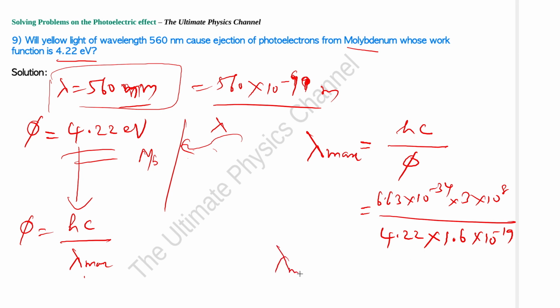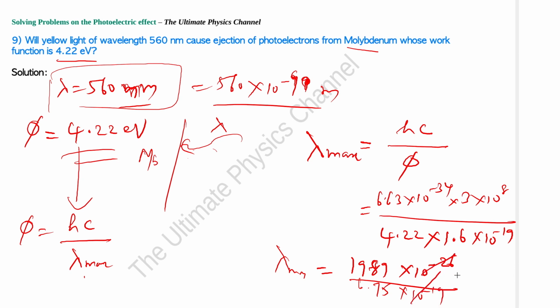Lambda max is equal to 19.89 into 10 power minus 26 on the numerator, and here 4.22 times 1.6, that is 6.75, in the denominator, times 10 power minus 19.